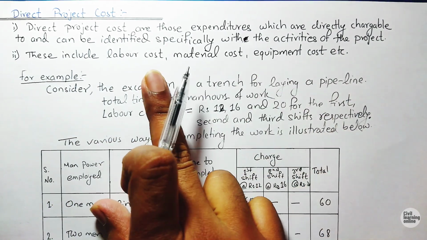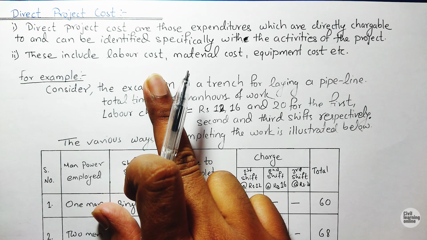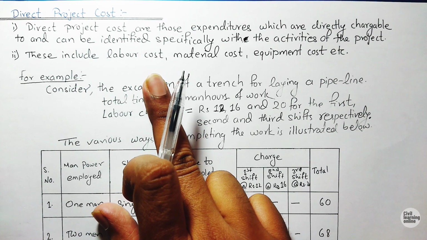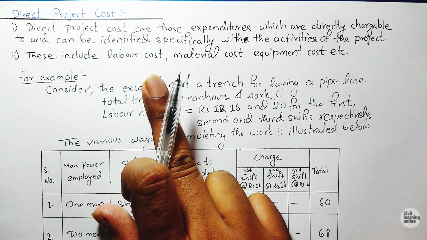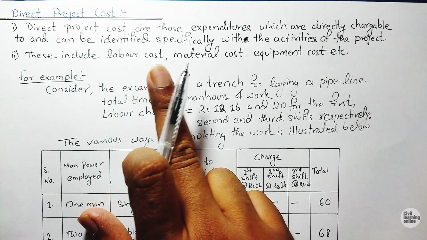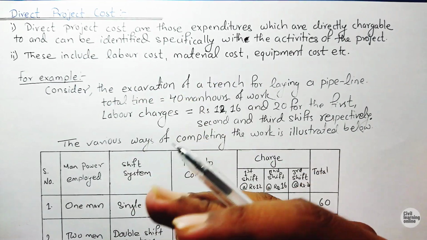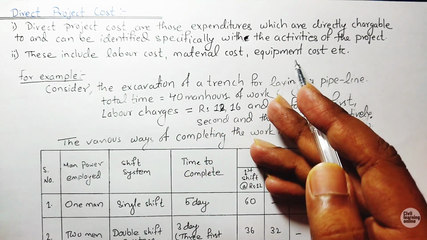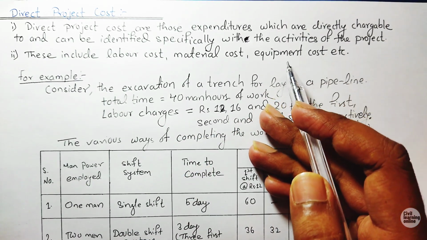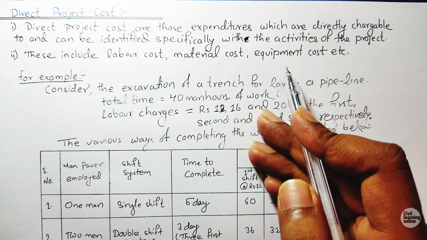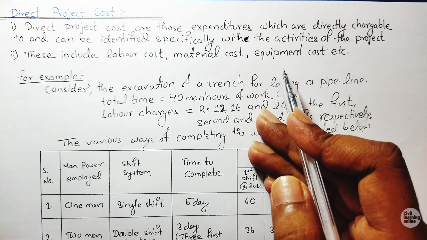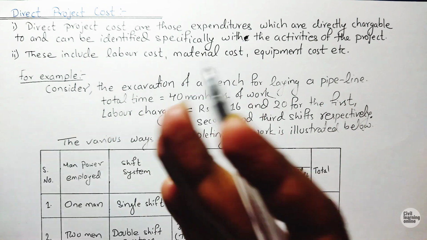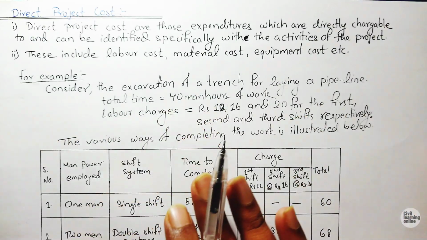Labor cost means we are hiring them for brick masonry, plastering or making concrete. Material cost means the different kinds of material we use for completing that project. Equipment cost can be different kinds of equipment, like machinery or signboards, that can be assessed directly, so these are direct costs.